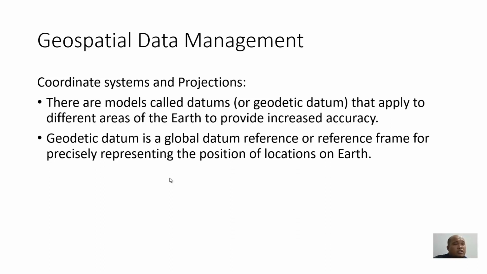And one of the models is called a datum or geodetic datum, which applies to different areas of the Earth to provide increased accuracy. Our common geodetic datum is called WGS 84, the World Geodetic System 1984. I have mentioned this. It is commonly available and you can use it worldwide.